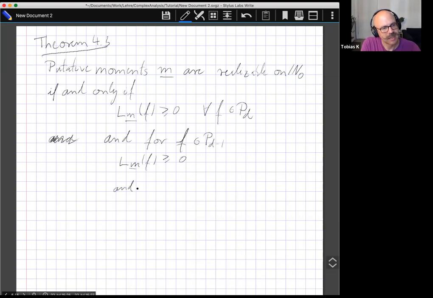And if Lm of F is equal to 0, then Lm of X of F is equal to 0. And that's somehow the conditions. And these conditions are minimal. I cannot drop any of them.